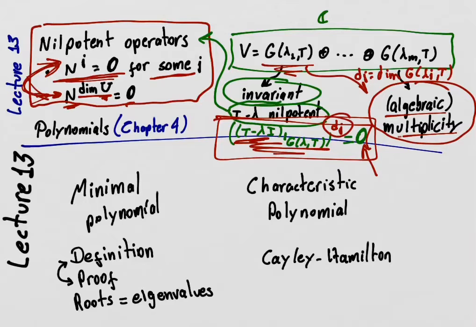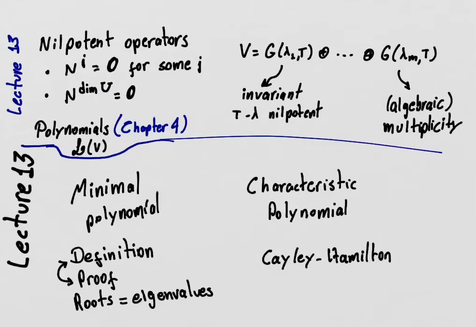These are things we have seen already before, and we also used a lot of properties of polynomials, which you can review in chapter 4 if you need. We also used the fact that the space of linear operators on a finite dimensional vector space is itself finite dimensional.